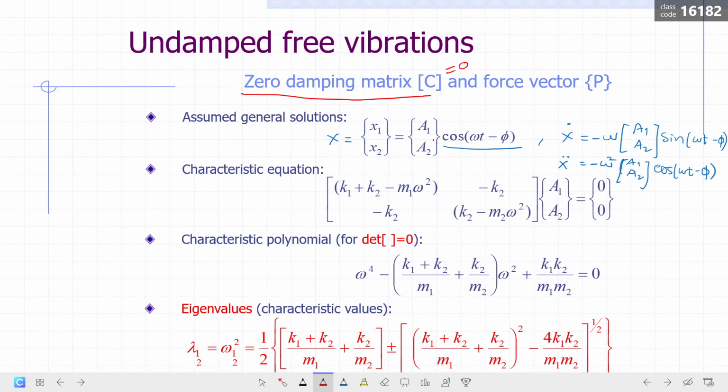And that's why we can write the general solution as purely trigonometric. There's no exponential form at all because the equation we are considering now is h double dot plus kh equal to 0, right? Yeah, this equation.